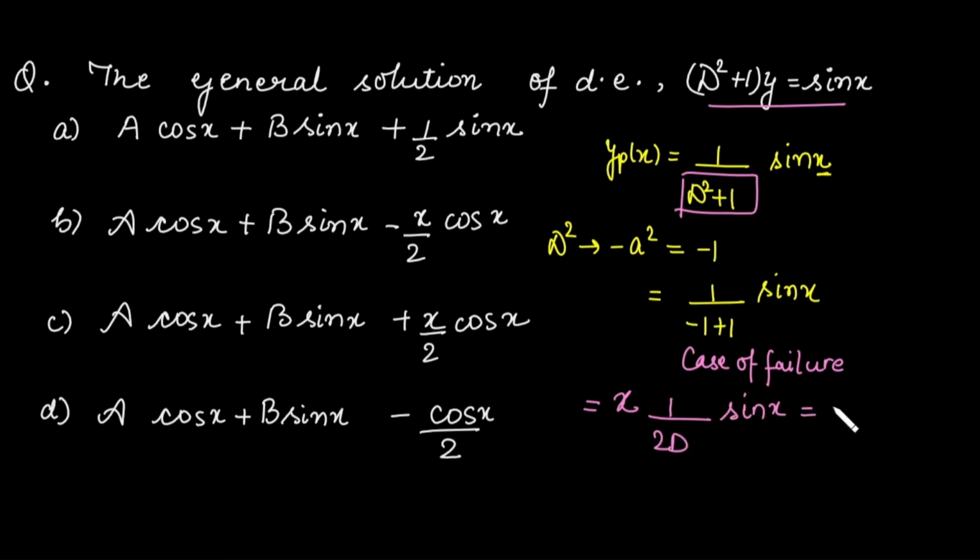So this is equal to x by 2. 1 by D stands for the integration of sine x with respect to x. What is the integration of sine x? That is equal to minus cos of x. So we get the particular integral as minus x cos x by 2, and that is available only in option B, and hence option B is correct.